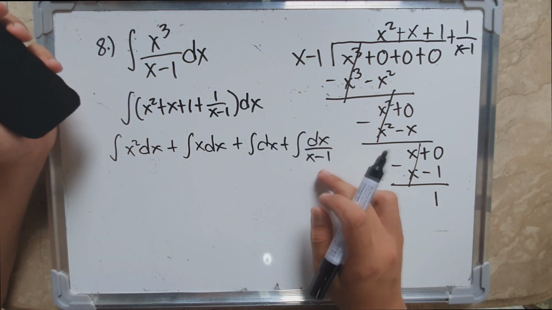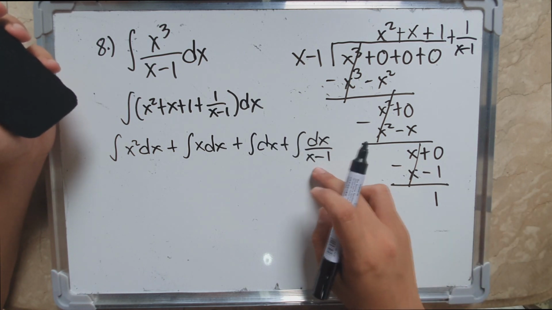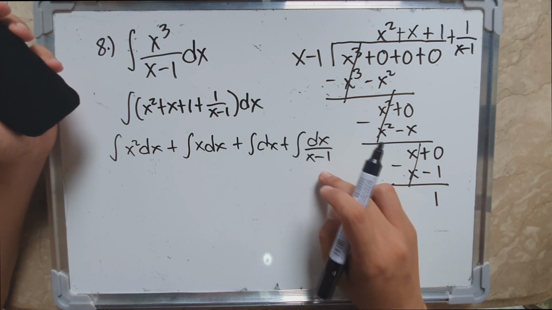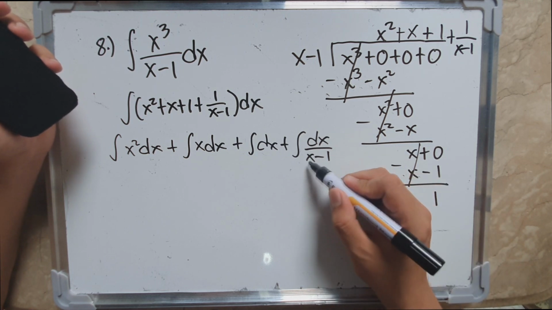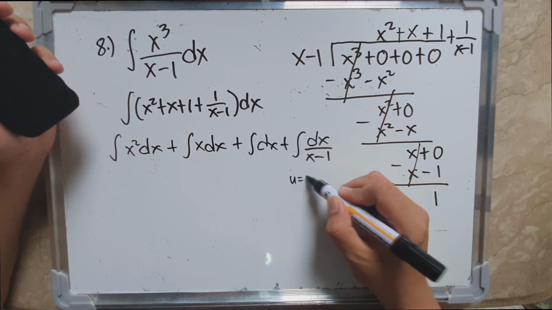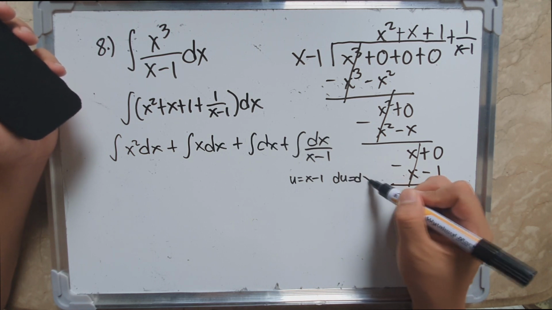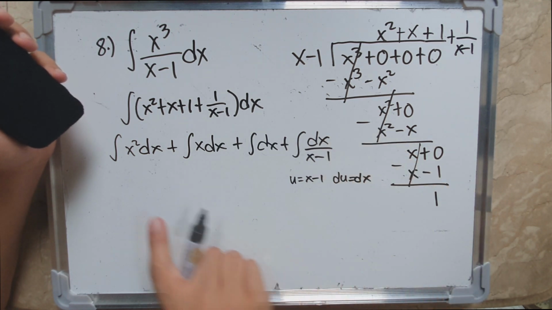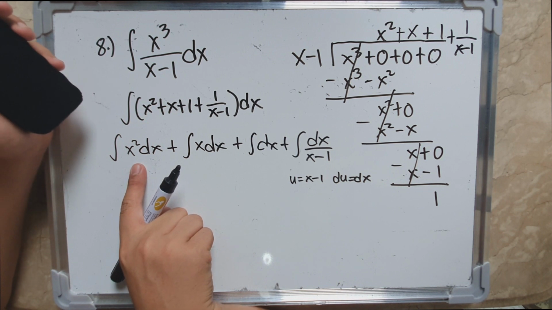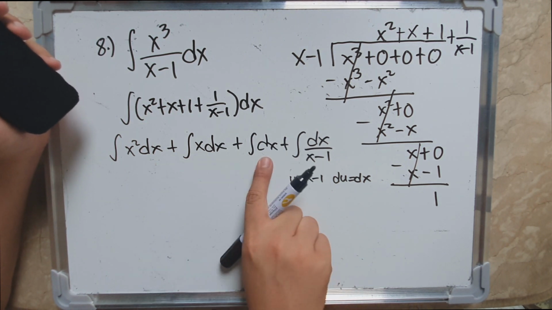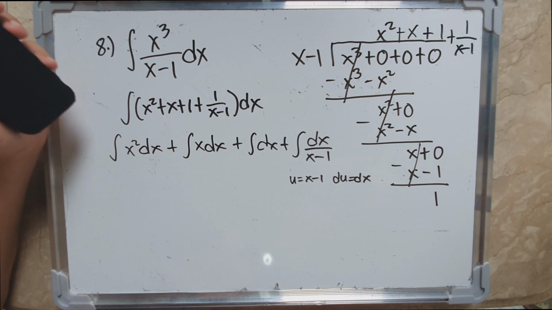Notice that the last integral is part of the logarithmic. If we assign the denominator as u, x minus 1, what is the derivative of the denominator, which is dx? Okay, right here. This one is the power rule and the general theorem.